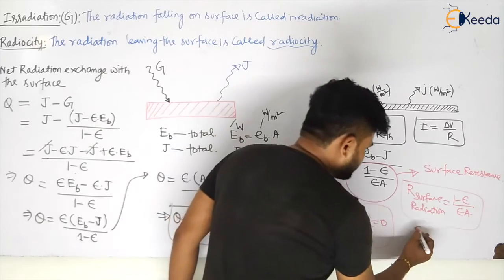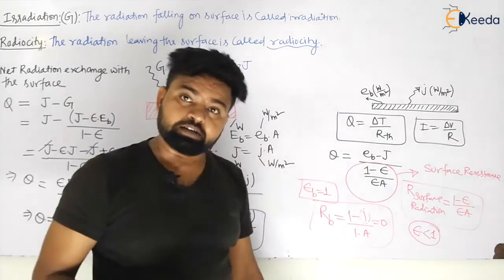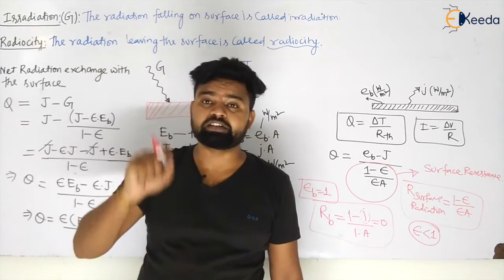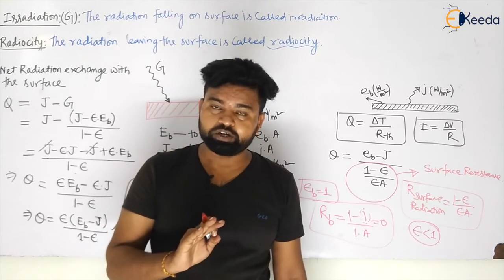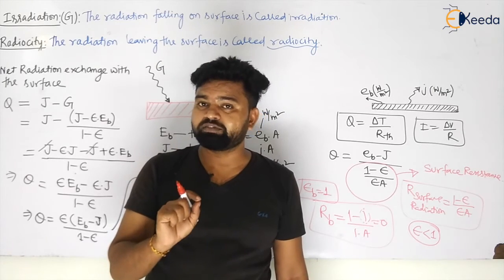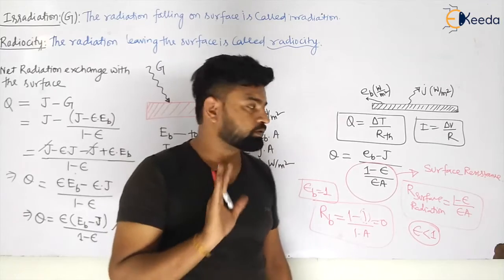But if the emissivity is less than 1, then this will have some surface resistance. So every non-black surface which has some emissivity will have surface resistance. Only the black body which has emissivity equal to 1 will have surface resistance equal to 0.